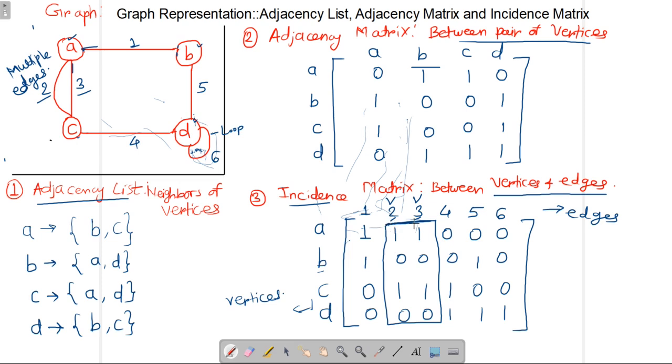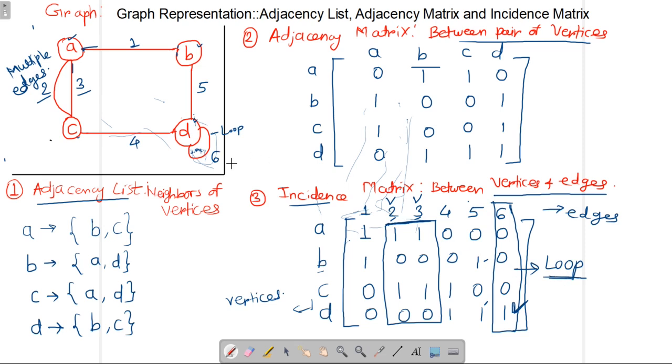Column 2 has two ones, column 3 has two ones, column 4 has two ones, column 5 has two ones. But column 6 has only a single entry, and that entry is 1. So you conclude that edge 6 is forming a loop in the graph.